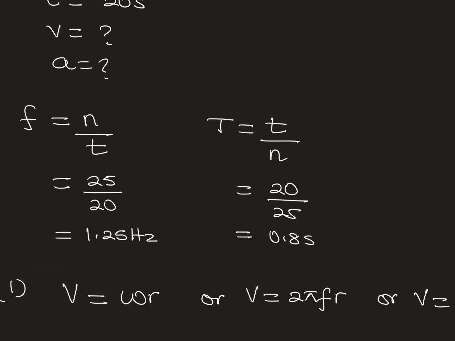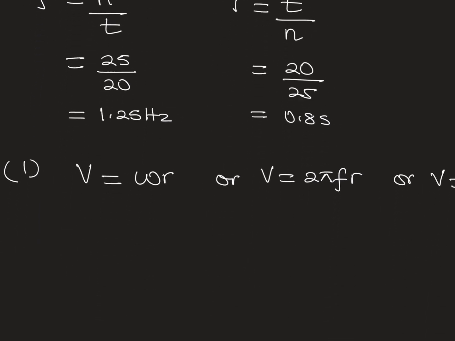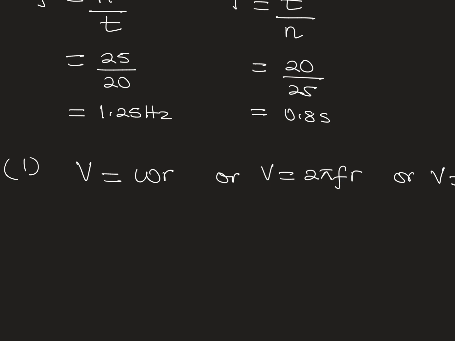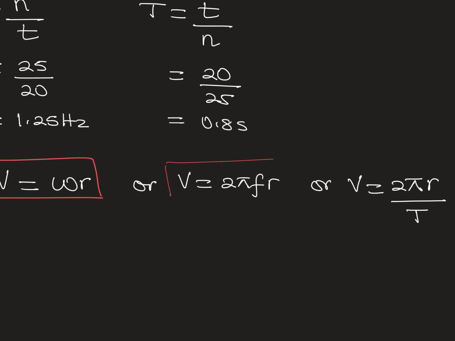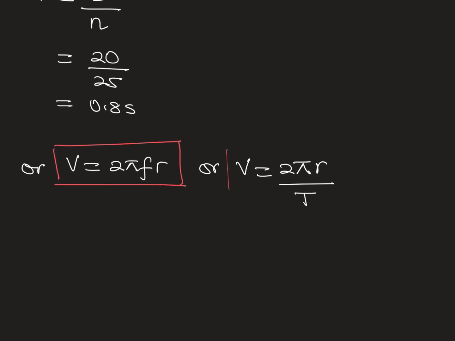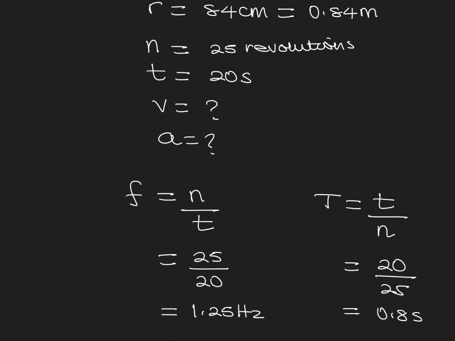If we use v equals omega r, we need to know the angular velocity. If we use v equals 2 pi f r, we should have the frequency. Or if we use v equals 2 pi r over T, we should know the period.